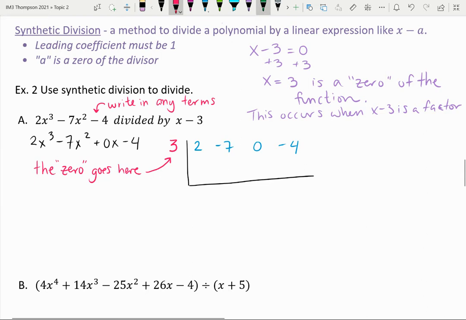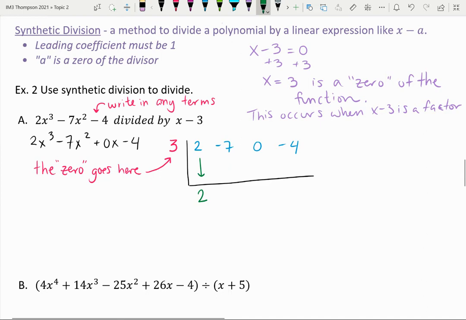Okay, so I'm going to go through this process. It's a little bit backwards from long division. So I'm going to drop down the first number. Give it a chance. You'll have to see this a couple times before it clicks. And then I'm going to multiply what's underneath the line by this 0 right here, this number that I'm testing.